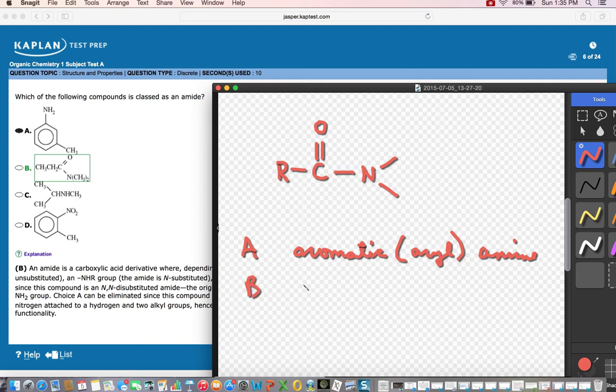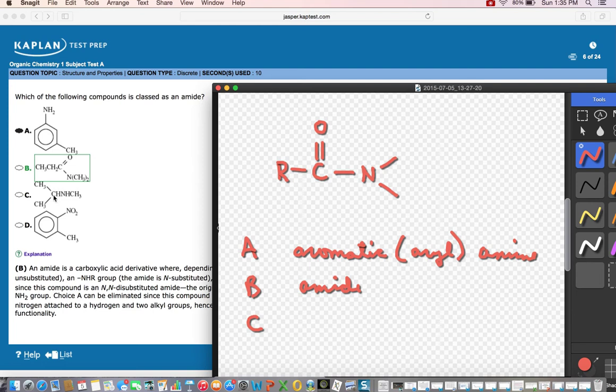B would be an amide. Notice that our R group is an ethyl group, then a carbon-oxygen double bond, and a carbon-nitrogen single bond, which is exactly how we defined the functional group earlier. If we look at C, again, here we have an interesting molecule, but really it's a secondary amine.